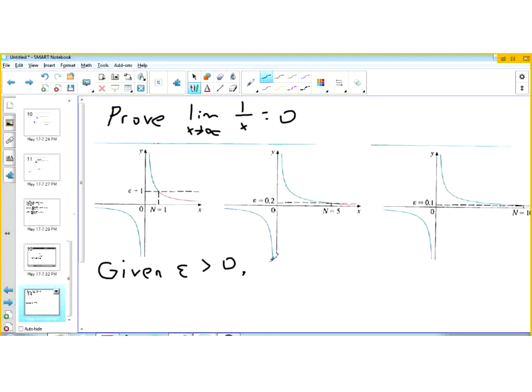So we want to find an n, preferably in terms of epsilon, such that if x is greater than n, okay, then the function 1 over x minus the limiting value 0 is less than epsilon. And this n has to hold for all positive epsilon.